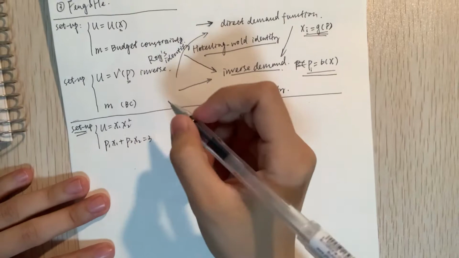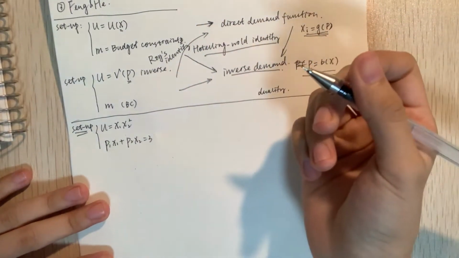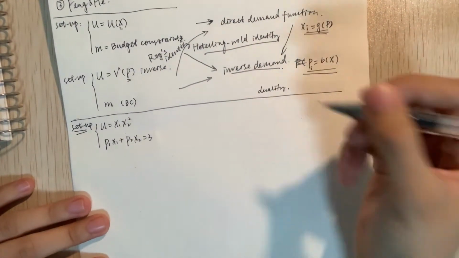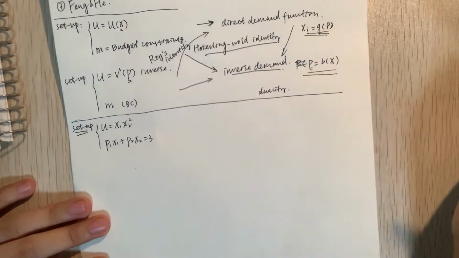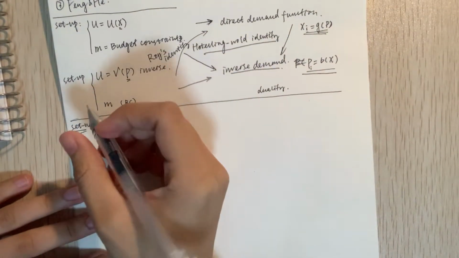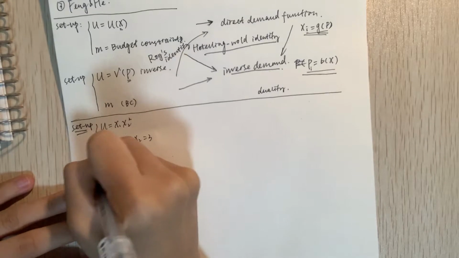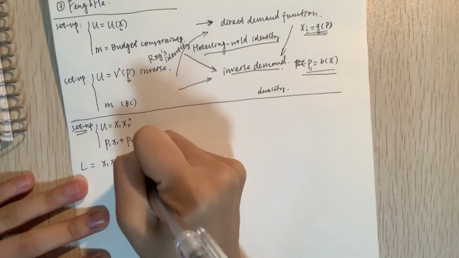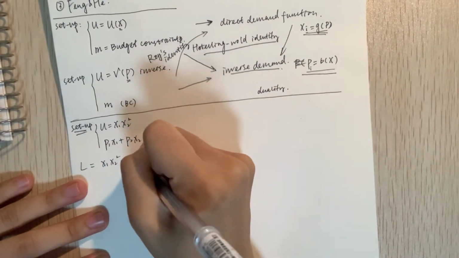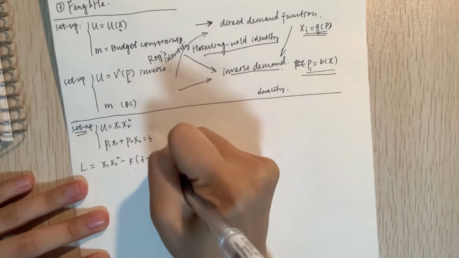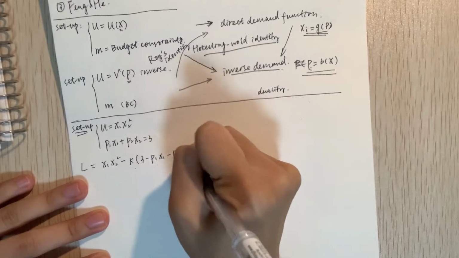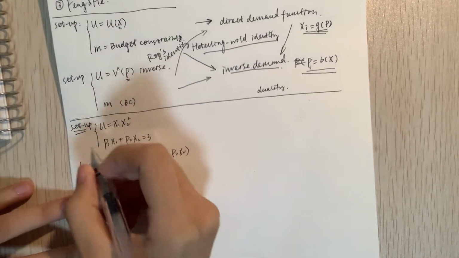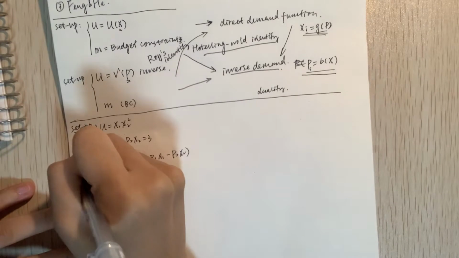We will just do that. There are multiple ways of doing that, and here I will use the Lagrangian, which would be a good way to show the duality as well. So the Lagrangian setup would be this. I'm going to use k here, but you can also use lambda, it doesn't matter. To solve the maximization problem, we need to take partial derivatives, so I'm going to put a max here.